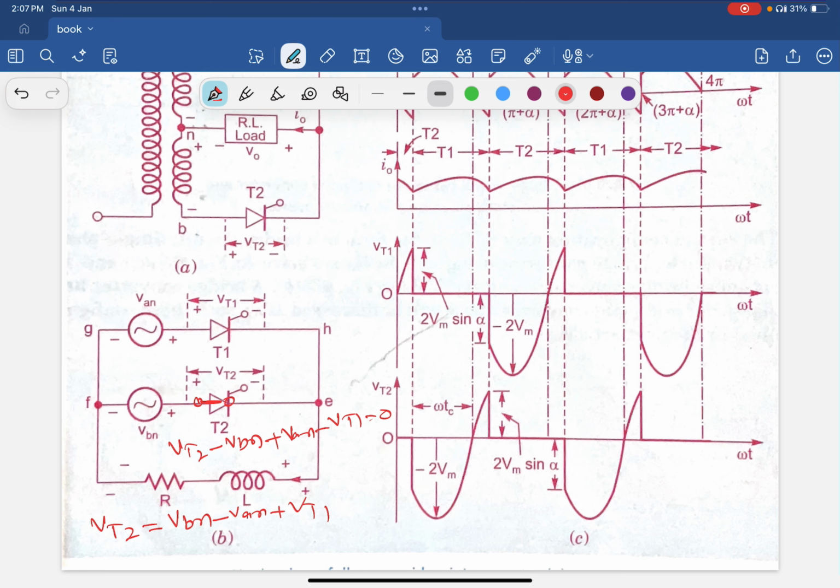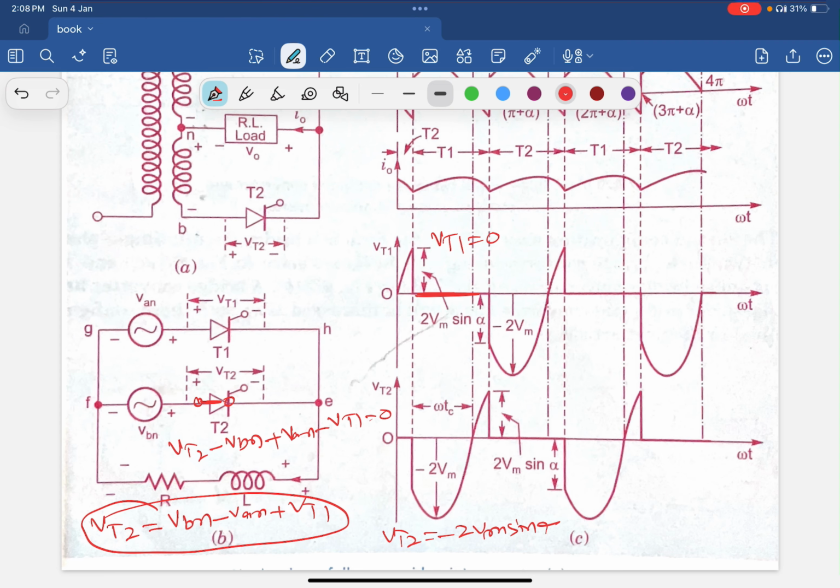This is the voltage we get across T2. As T1 is conducting, Vt1 is equal to 0. Therefore the voltage across T2 at the instant omega t equal to alpha is given by Vt2 equal to minus 2 Vm sine alpha.